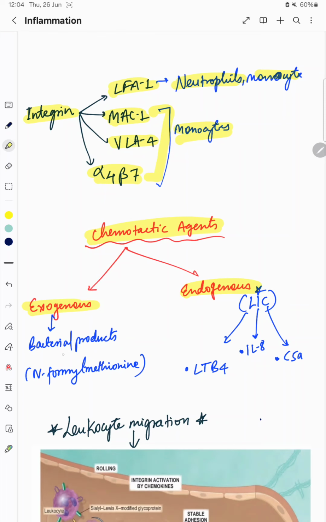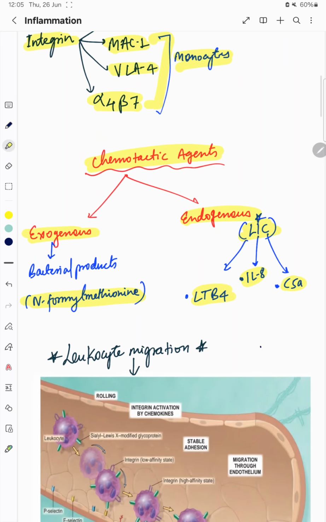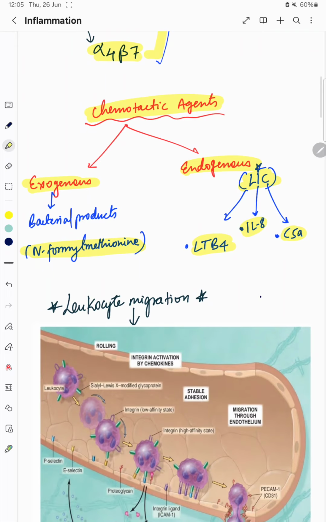Exogenous chemotactic agents are bacterial products, for example N-formyl methionine, and for endogenous chemotactic agents the mnemonic LIC is used: L for leukotriene B4, I for interleukin 8, and C for C5a complement protein.